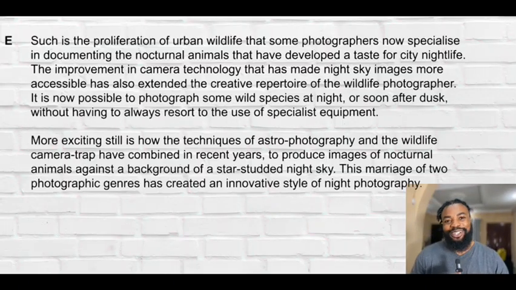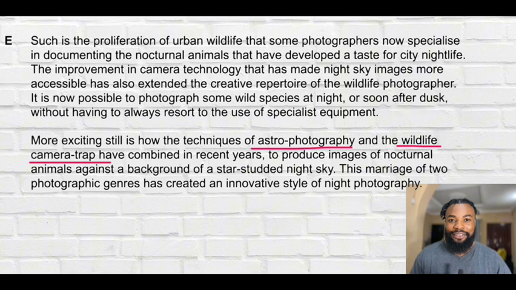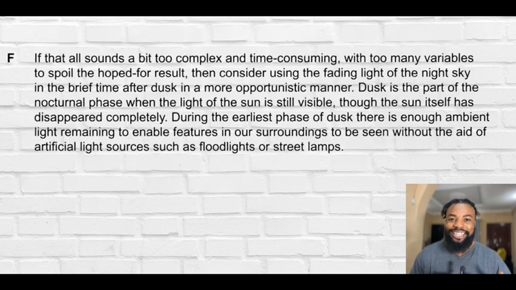Okay, so if you look at the latter part of section E, there's a part where it talks about using some complex techniques like astrophotography and wildlife camera trap. So section F starts with the fact that all that might be too complex for you, too time consuming.